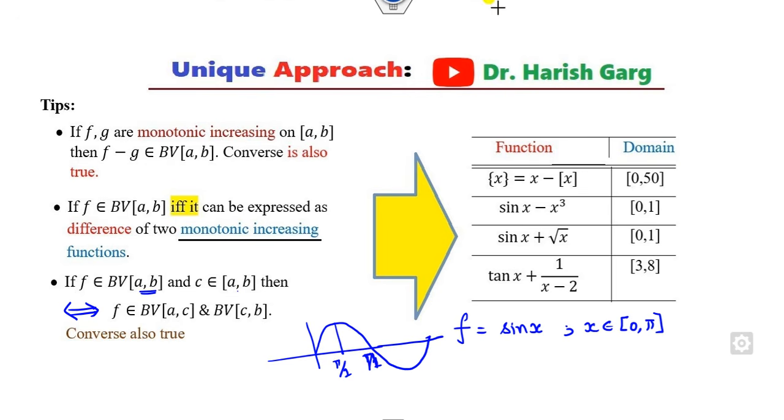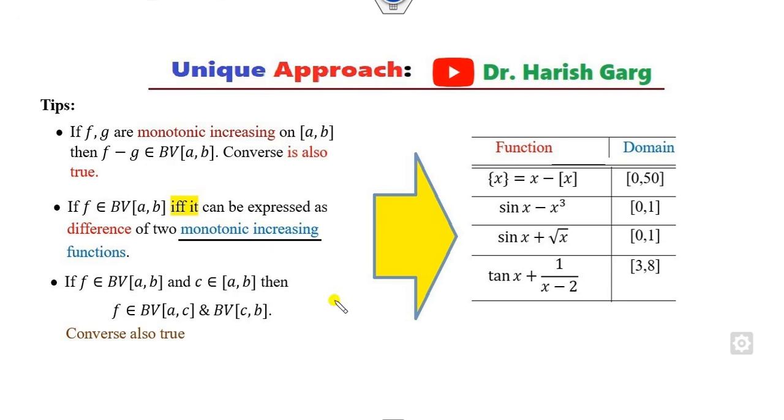So if I write sin x over the domain 0 to pi, then your graph will look like this. This is pi by 2. Clearly, over this interval the function is increasing, and over this interval it is decreasing. Also this function is bounded, because sin x is a bounded function.